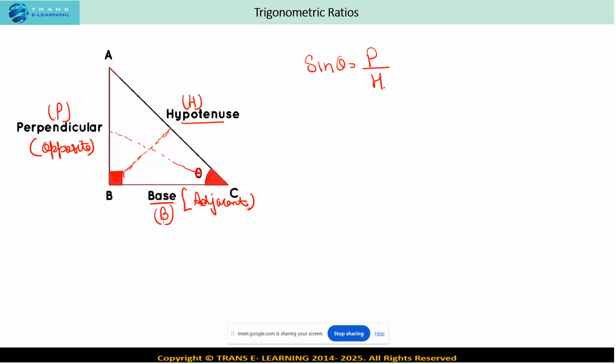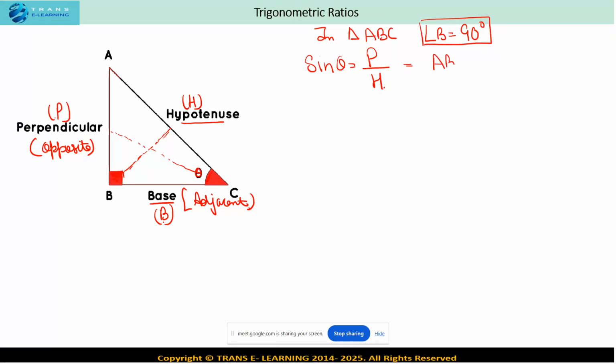In this case, we are going to consider the triangle ABC, which is right angled at B. That means angle B is equal to 90 degrees. So here sine theta will be equal to perpendicular upon hypotenuse. Which one is the perpendicular?